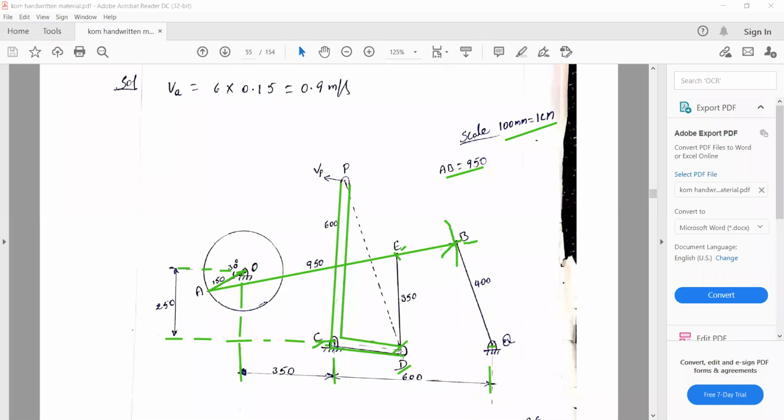Then D is also identified, where you set the distance of 3.5 centimeters on the compass and cut the arc on our L-shaped link.